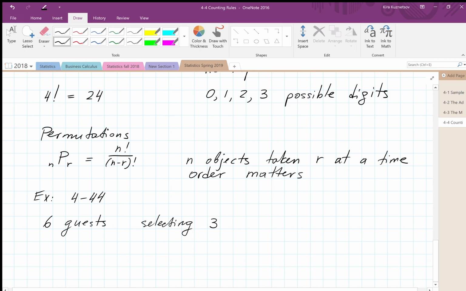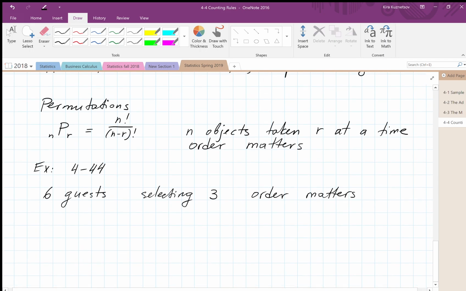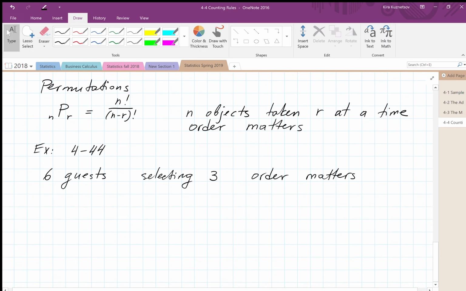Selecting 3 and order matters. I have 3 time slots.